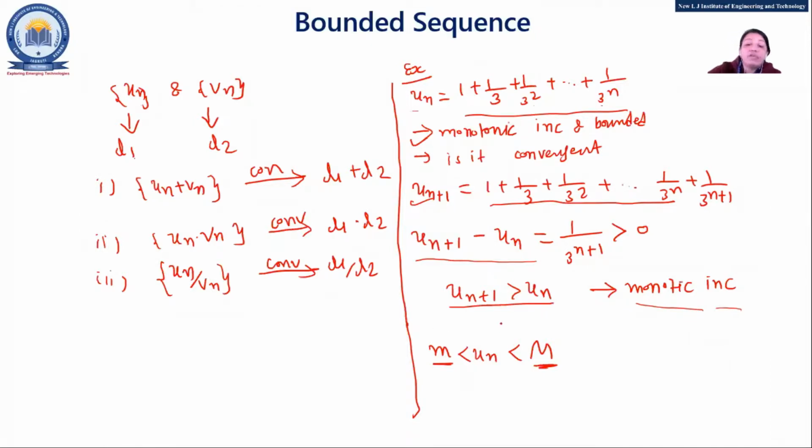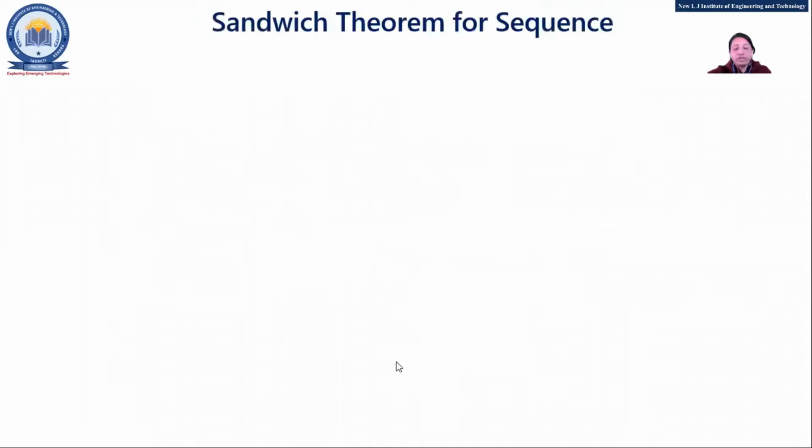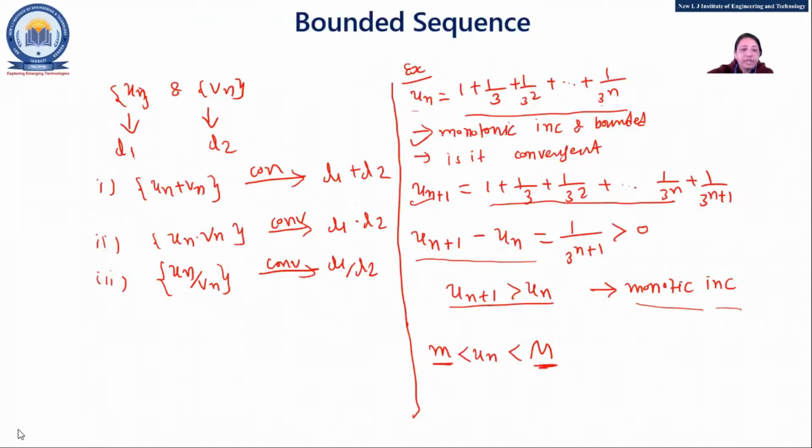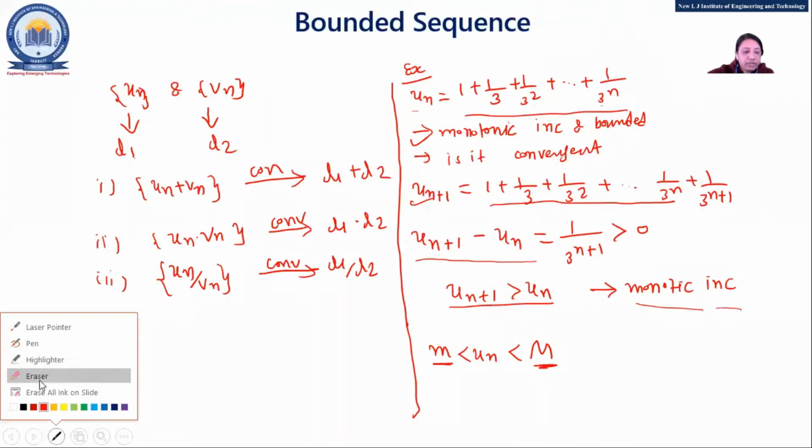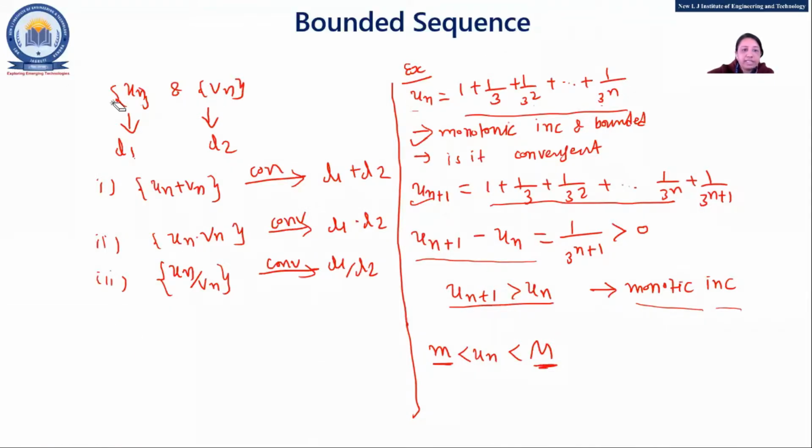Now, in which way are we going to prove that it is bounded? I'll write here only, because I'll erase the properties of that one. Just a minute.